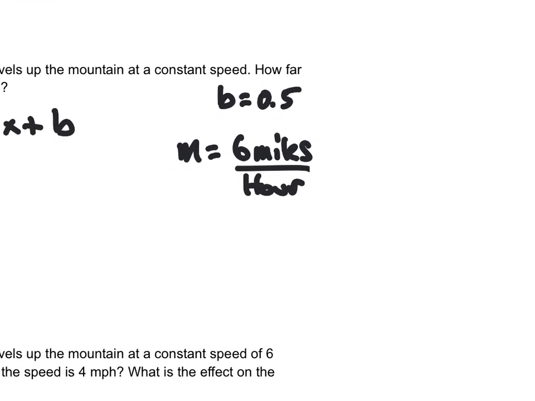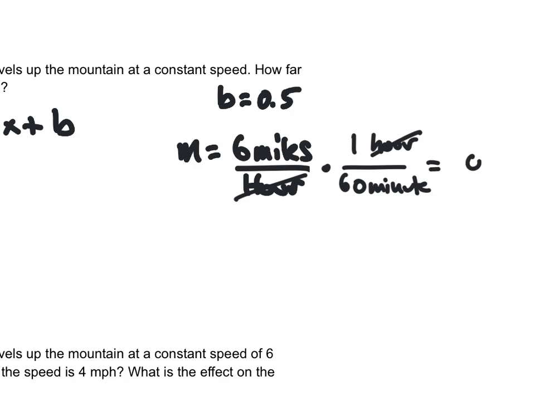So one of the things that I want to do is some conversions here to put this into minutes. So I'm going to multiply this by 1 hour is 60 minutes. And if I take 6 and divide it by 60 and our hours go away, we're going to get 0.1 miles per minute.